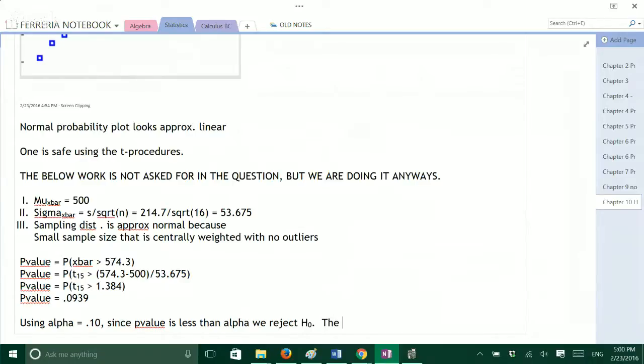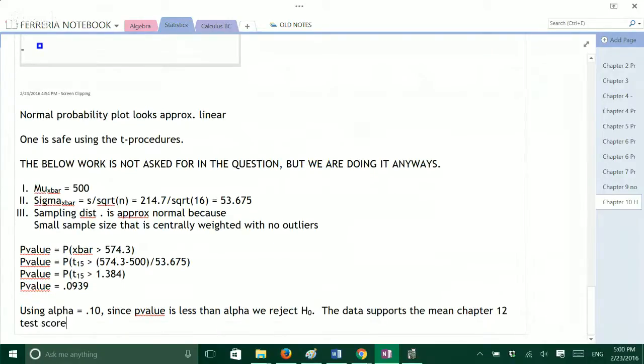We say the data supports the mean chapter 12 test score among stats students is greater than 500. It was really close though. I feel very unsure about it.